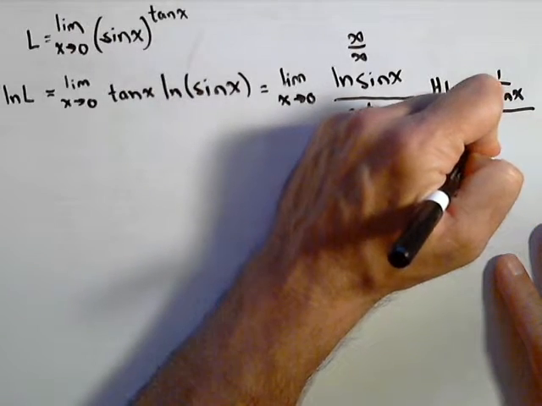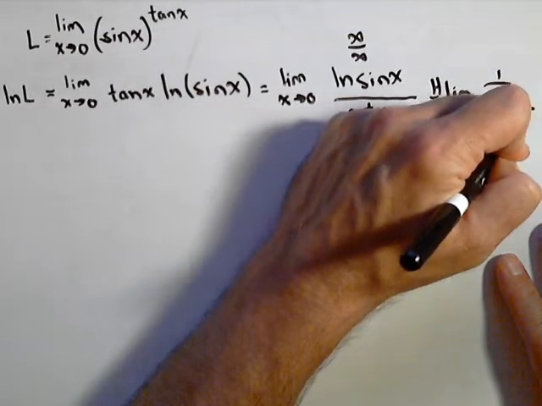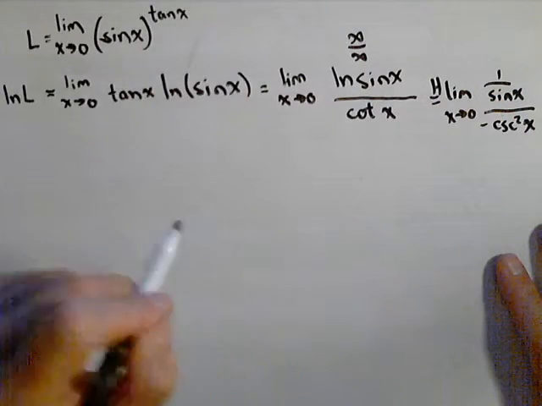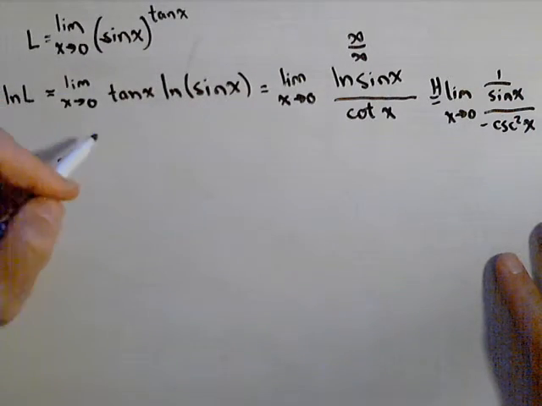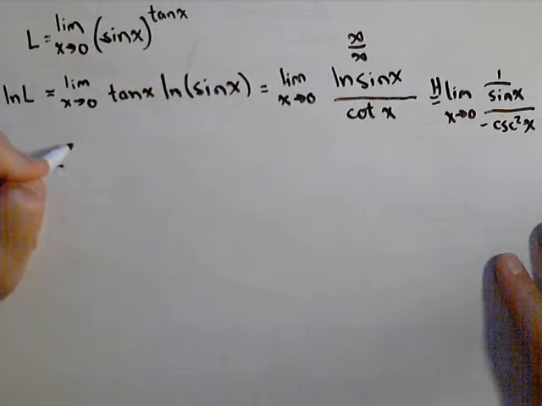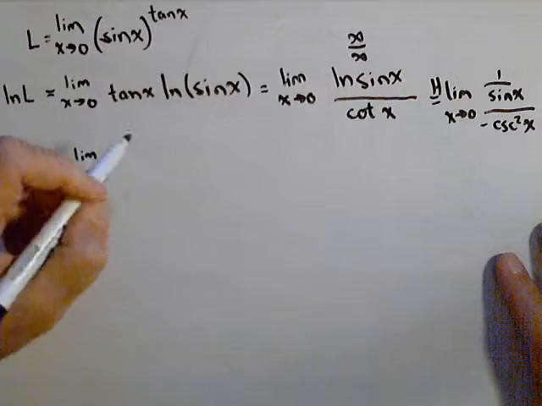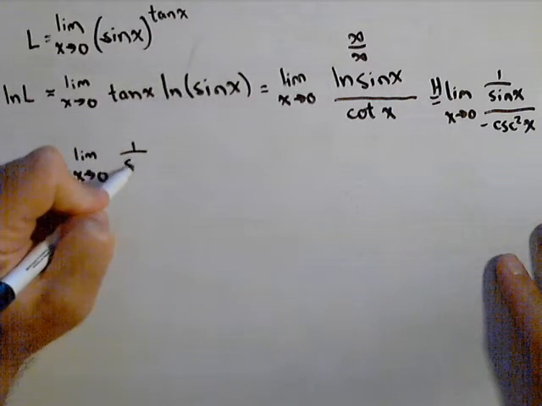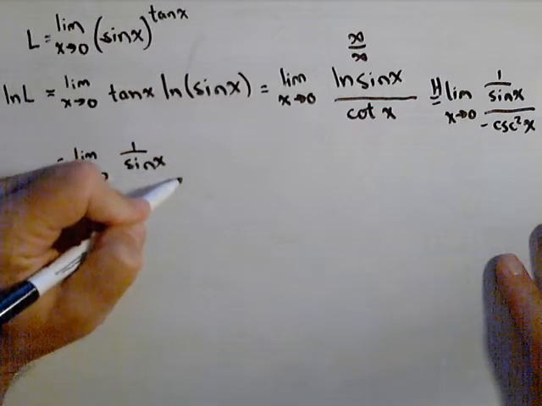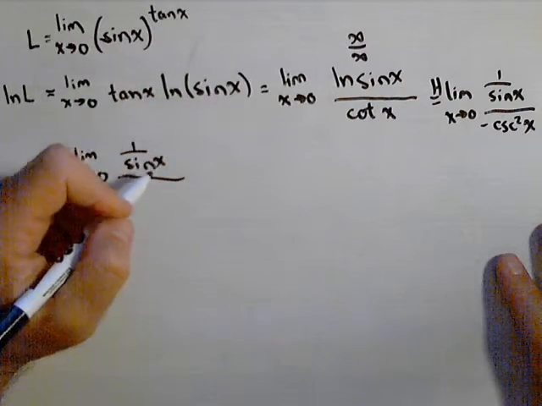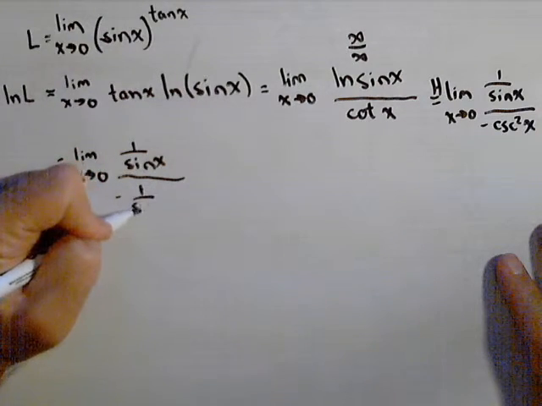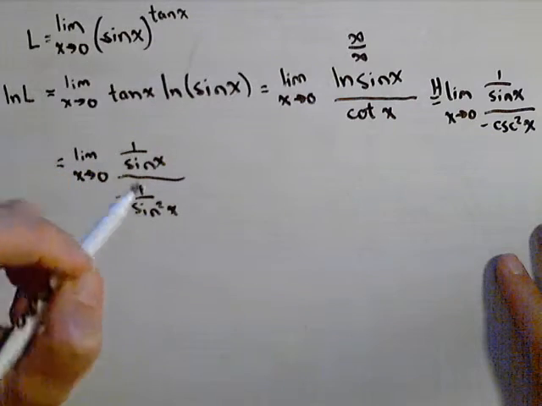Derivative of cotangent x is negative cosecant squared x. So coming back over here, let's see what we got. Again, we simplify before we make any rash decisions. So I've got 1 over sine x over negative cosecant is 1 over sine squared x.